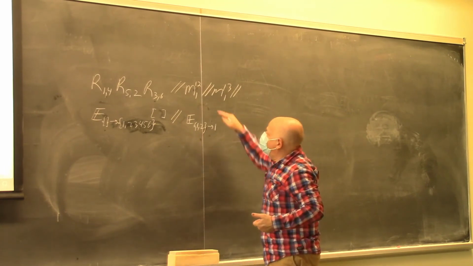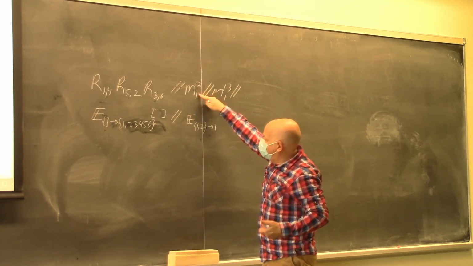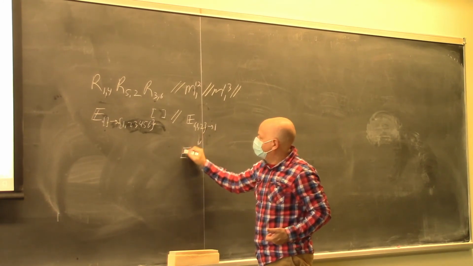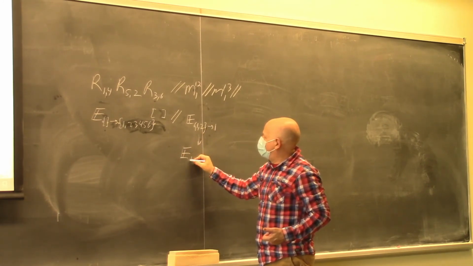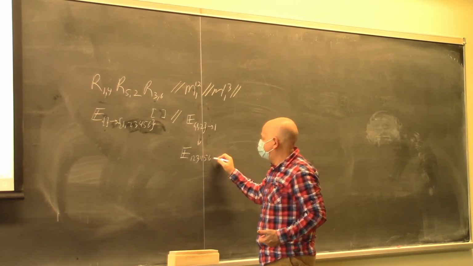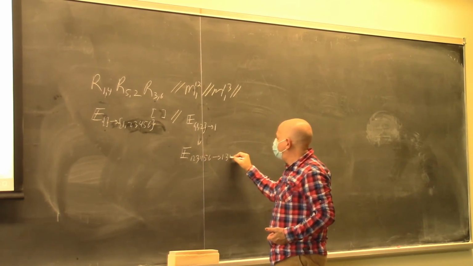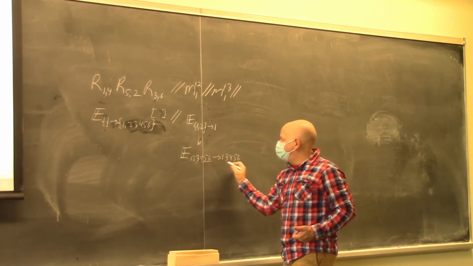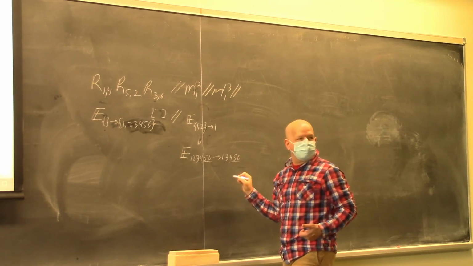So I want to map it into an element of the form E 1, 2, 3, 4, 5, 6 into 1, 3, 4, 5, 6 by extending it by the identity.